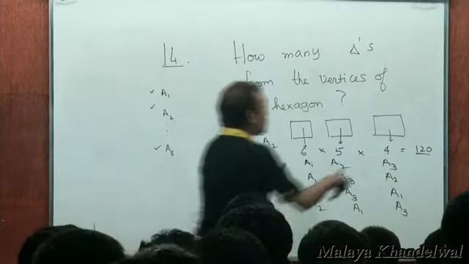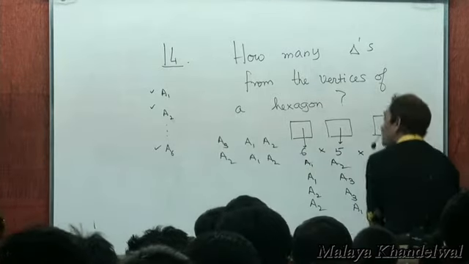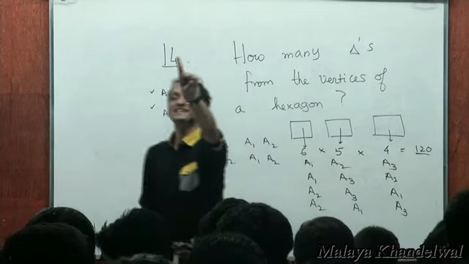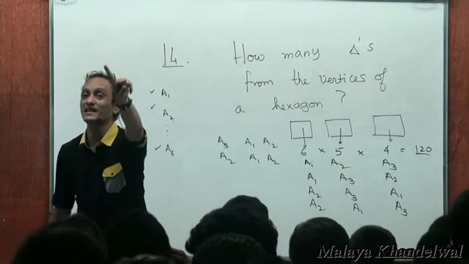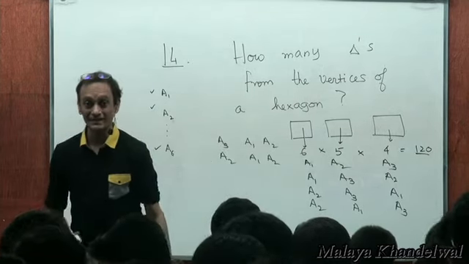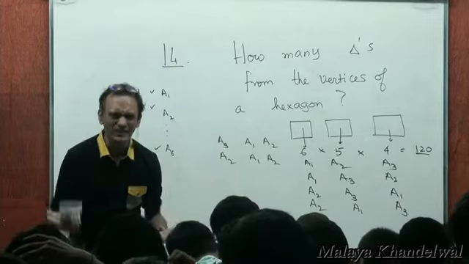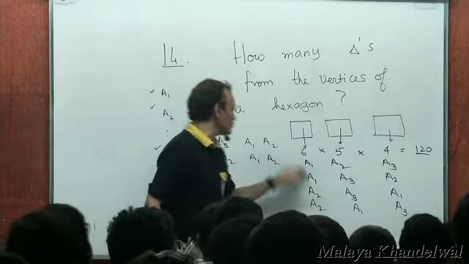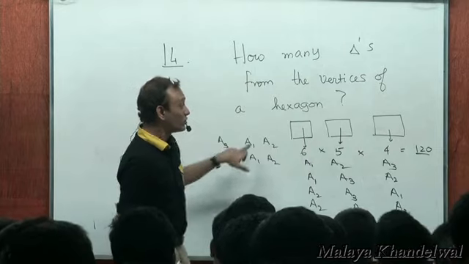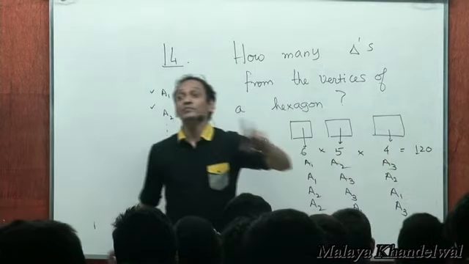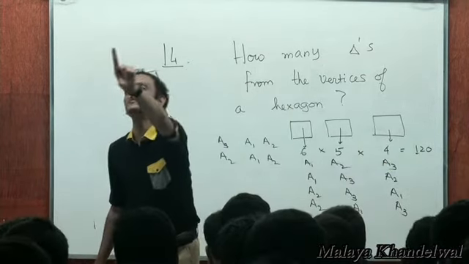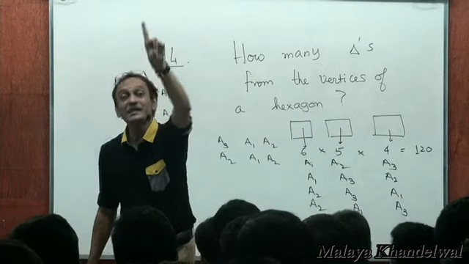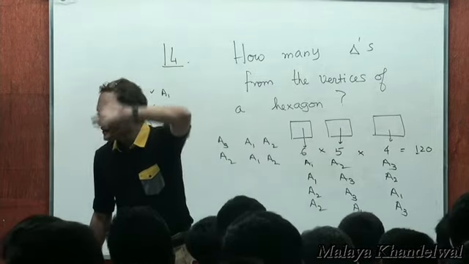That means in this 120, every 6 of these represent only one triangle. Therefore, 6 is like 3 factorial. See, 1, 2, 3. So out of these 120, every 3 factorial represents one triangle.